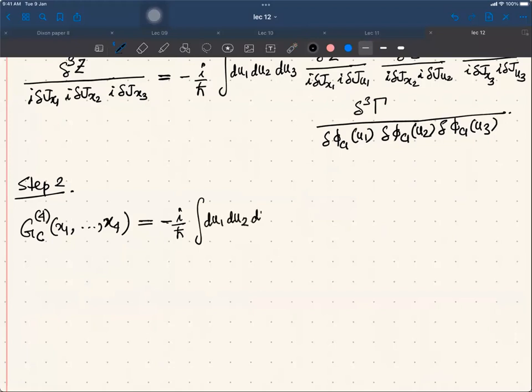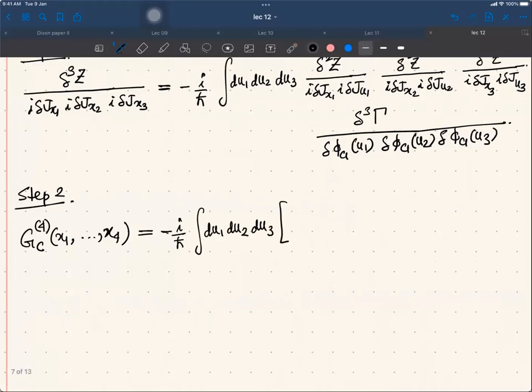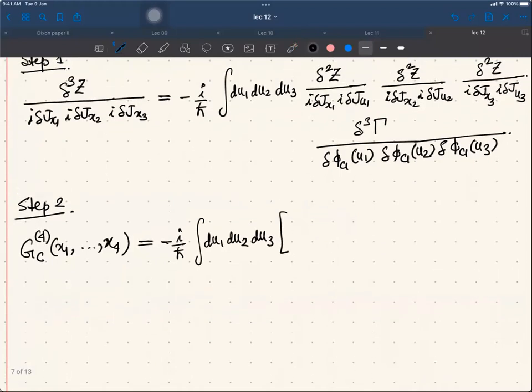Integral du1 du2 du3. Then the j derivative will act on all these factors, on the first 3 factors. So it will give 4 terms. First 3 terms will be derivative acting on one of these 3 factors, and after setting j equal to 0, that becomes a g3, and the other two remain g2.